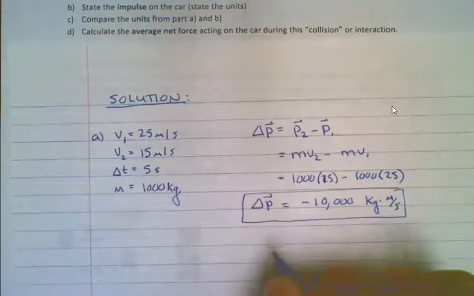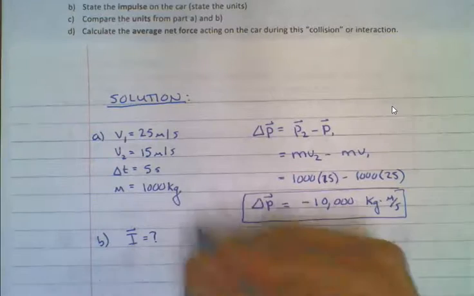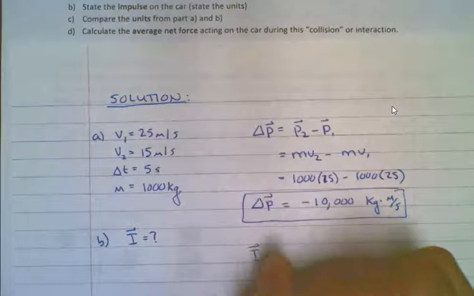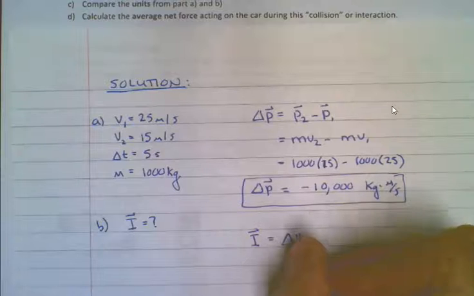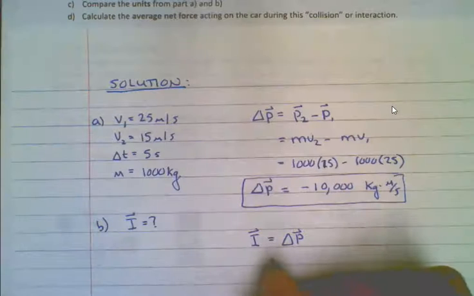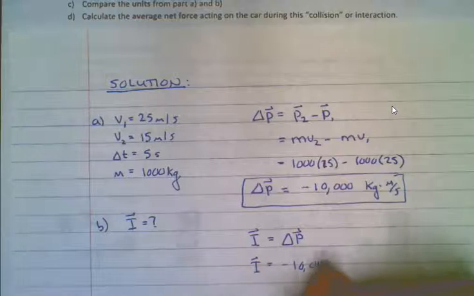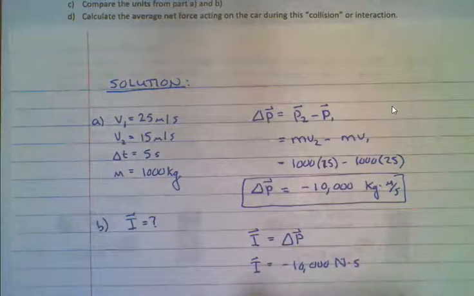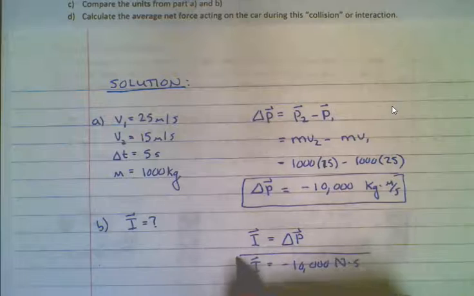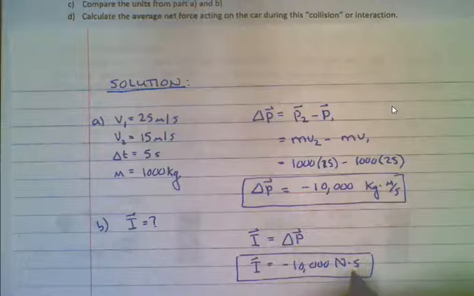Part B asks, what is the impulse? Well, impulse is by definition literally the change in momentum. So therefore, the impulse is negative 10,000 Newton seconds. Could I write kilogram meters per second? Absolutely. But I'm going to write it as Newton seconds.